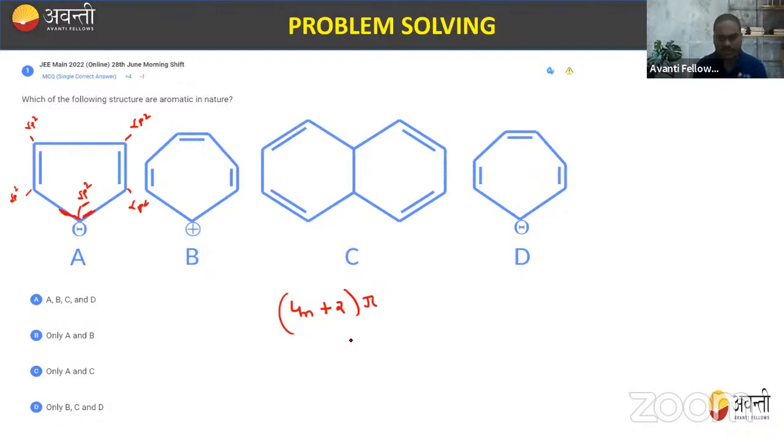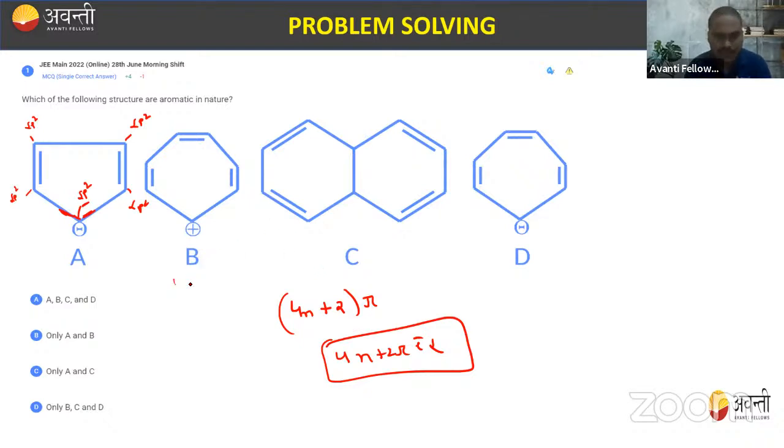How are they following it? Because we know we have 4n plus 2 pi electrons. Whenever anything follows this rule, that is Huckel's rule, then it is said to be aromatic in nature.